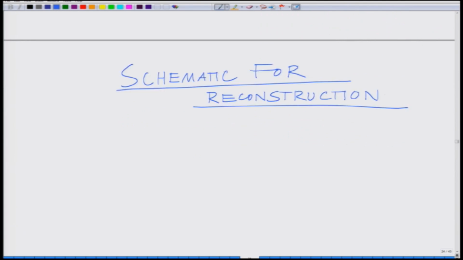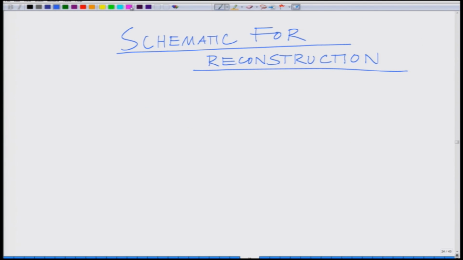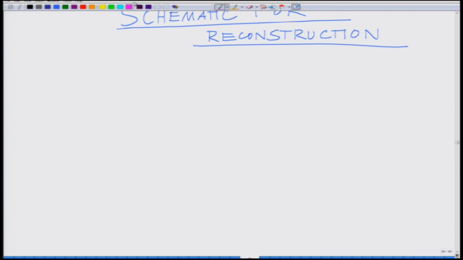The schematic for reconstruction, as we have seen in this module, is very simple. We have the decoder and the input bits.